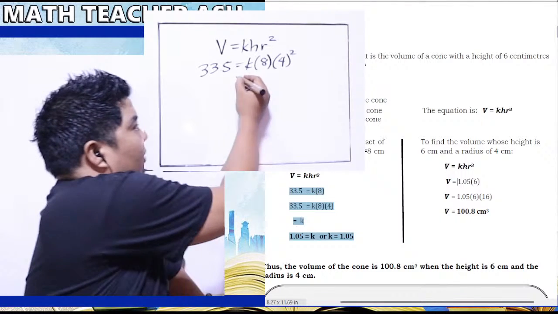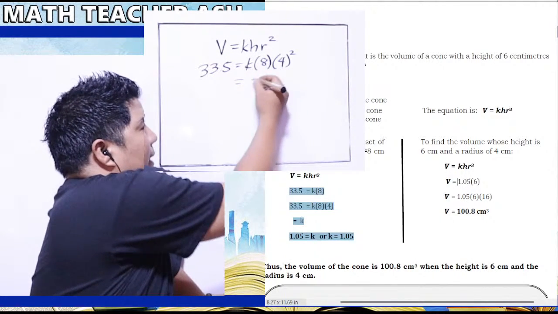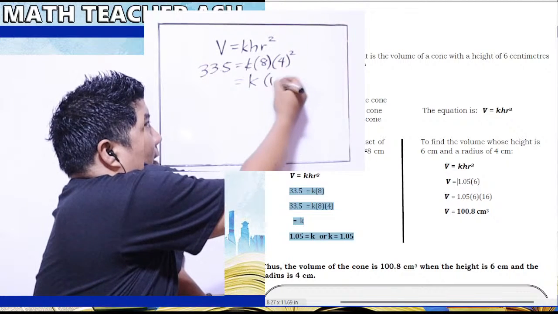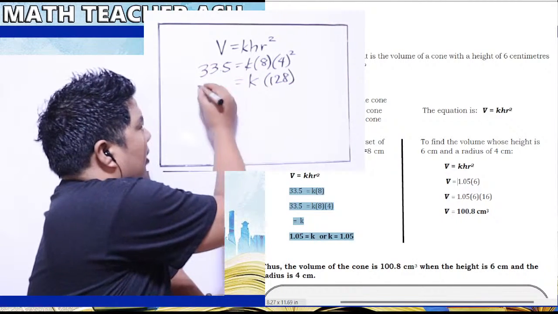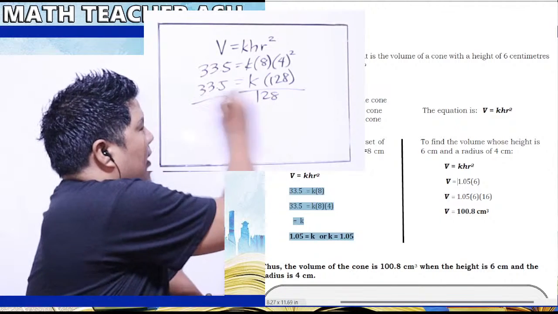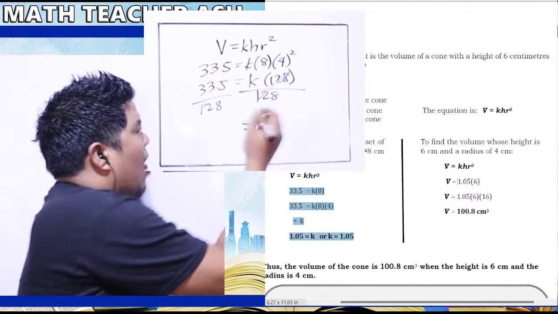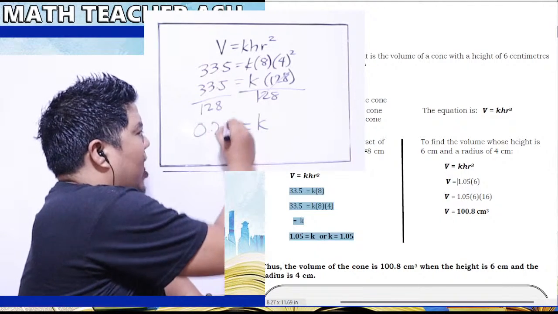If we do this one, 4 squared is 16. So 16 times 8, that is 128. And this is still 33.5. If we divide both sides by 128, then this will be cancelled. Our K is 0.26.